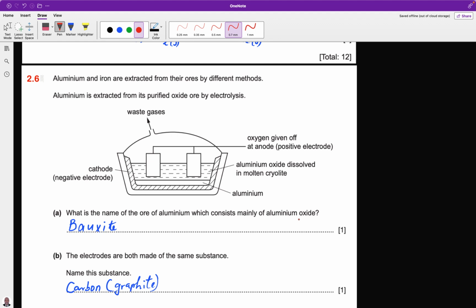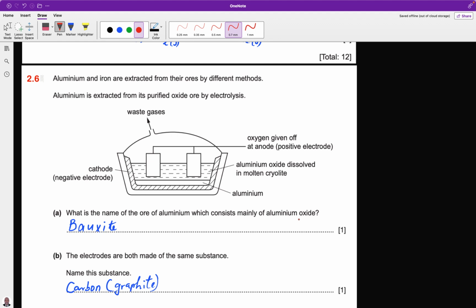So let's go to the question right away. Aluminium and iron are extracted from their ores by different methods. Aluminium is extracted from its purified oxide by electrolysis. You can see the structure there, the cathode, the negative electrode, the anode, all these things.